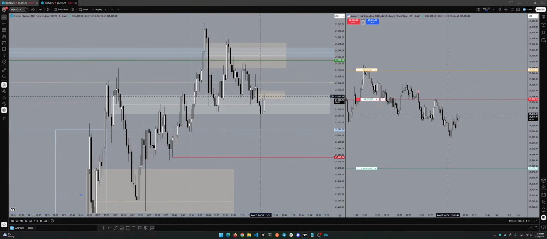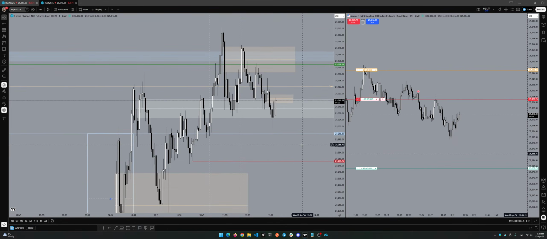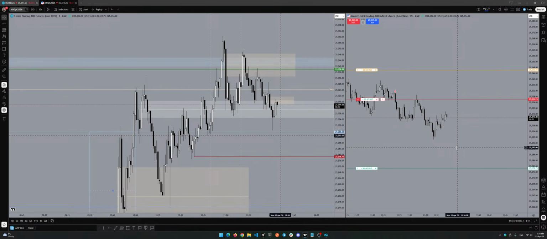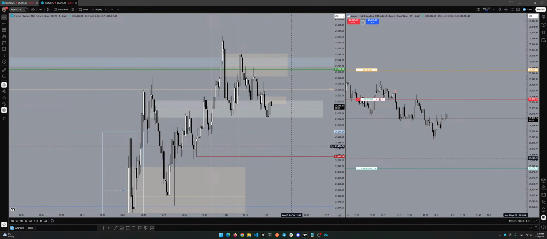This looks good so far. This is a bearish order block, these two candles. And if we get a close below, come on, close below. It will be good.